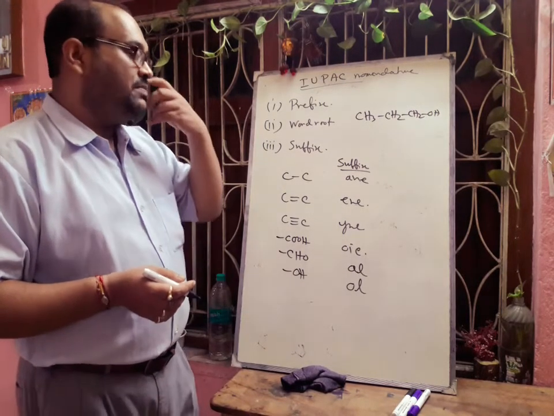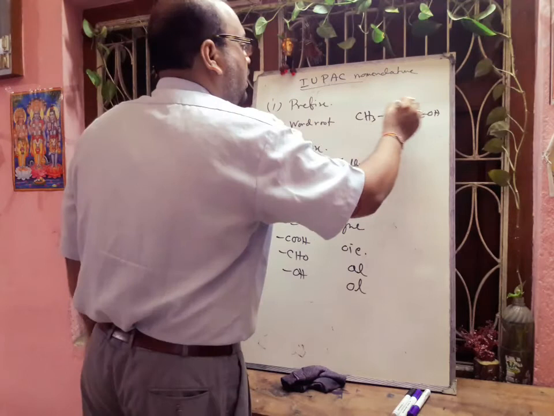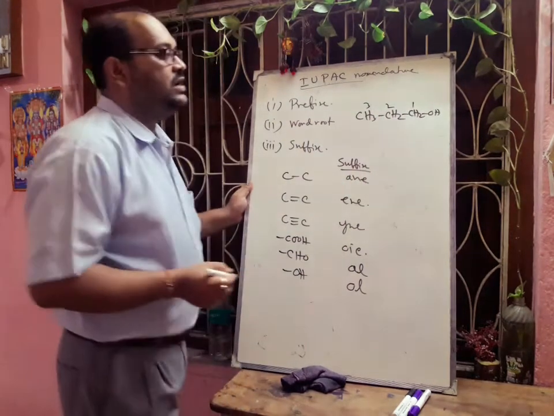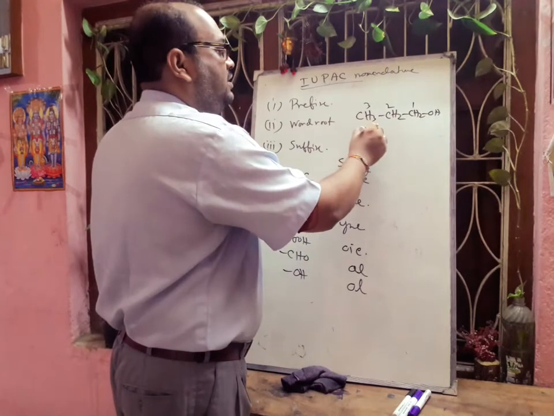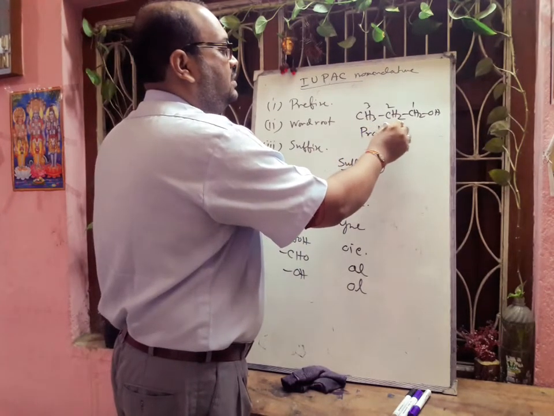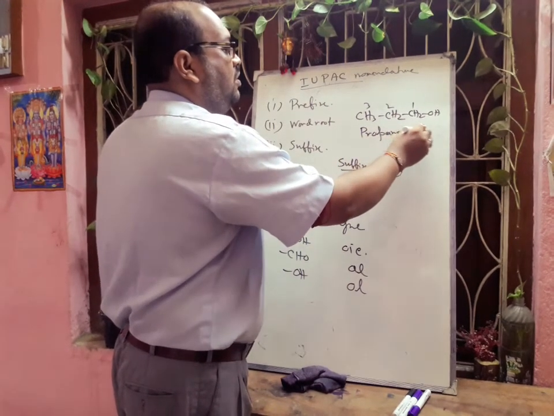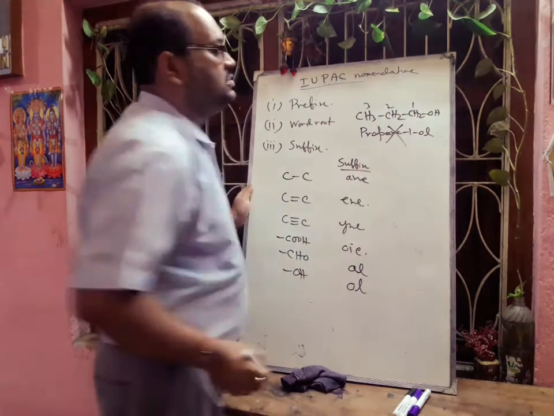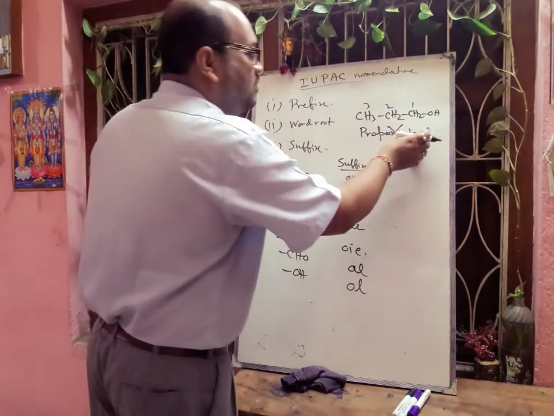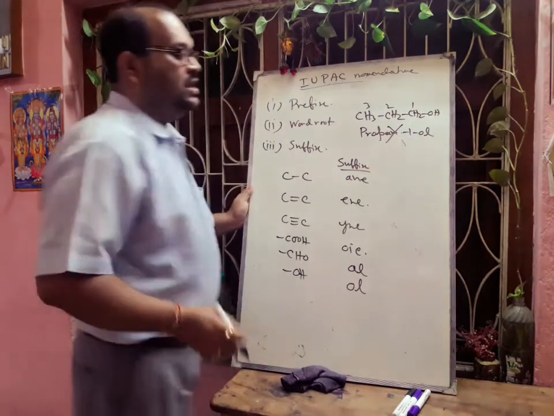Here you have to mention the position also. This one is 1, 2, 3. So if we write propane 1 ol, it will be incorrect. It's wrong. So here we have to drop this E.